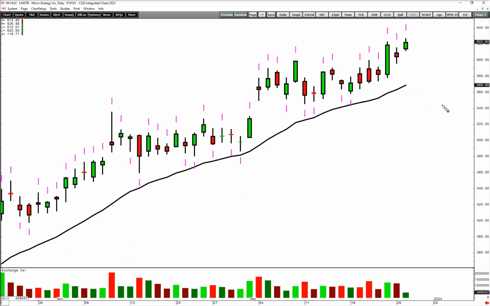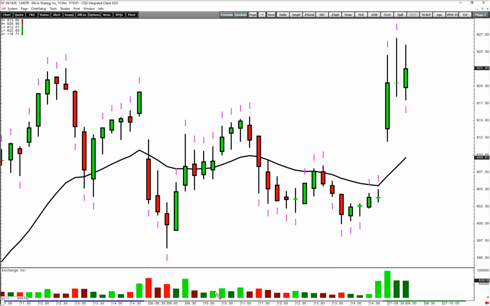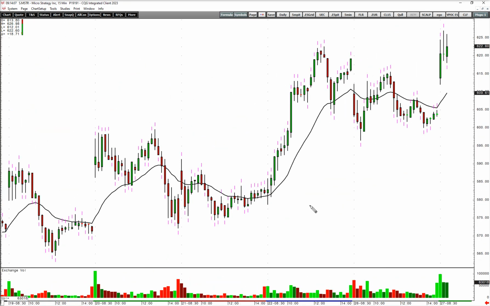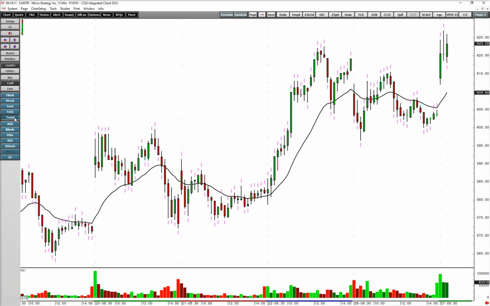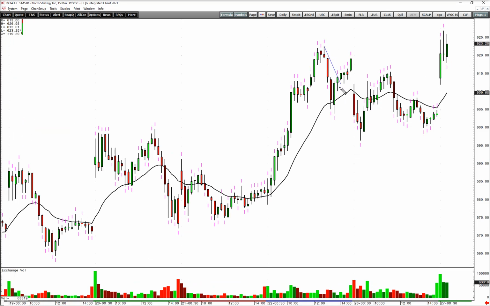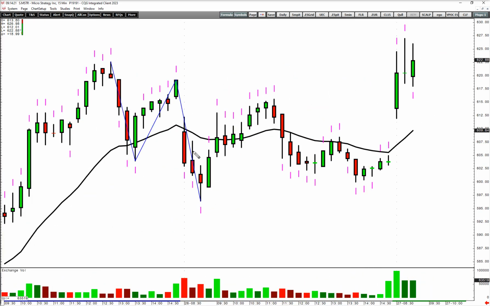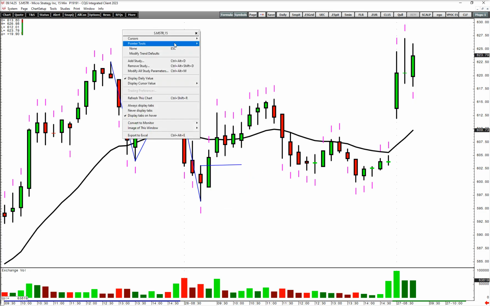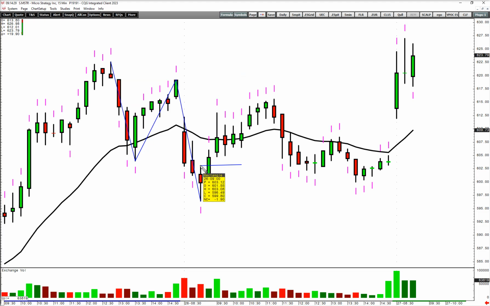And then if you look at MicroStrategy's, this was the ABC. This was the clean ABC right into the retest yesterday. And I posted that right here on this breakout bar. And if you notice, this breakout bar, the risk bar for this ABC, that's held.